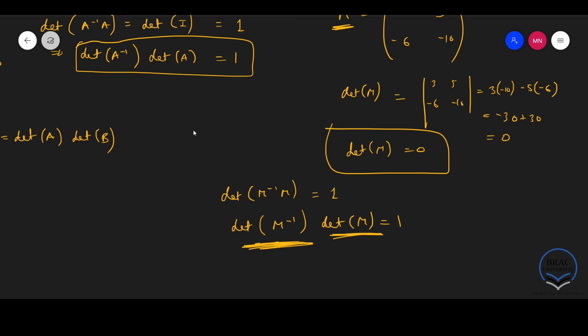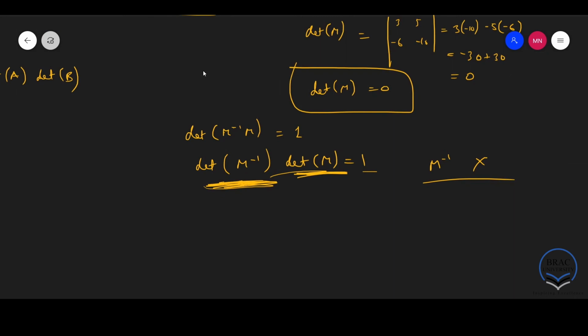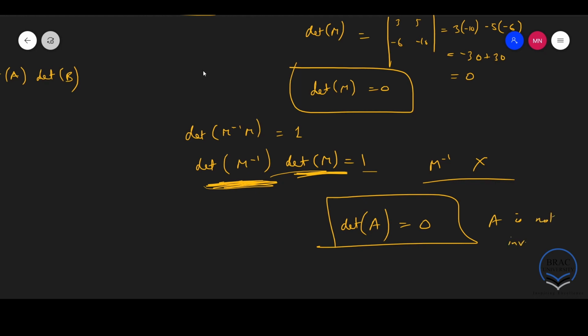We cannot have some inverse matrix such that the determinant of that inverse matrix times 0 will give us 1. So M inverse does not exist. In general, if I have some matrix A and the determinant of this matrix is 0, then this does not have an inverse. A is not going to be invertible in this case.